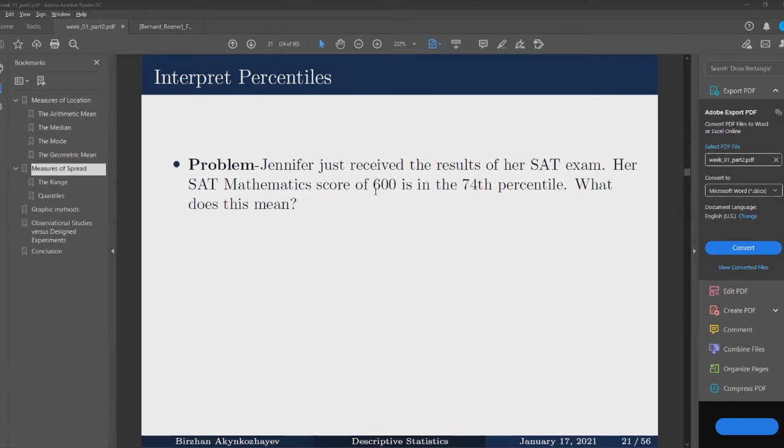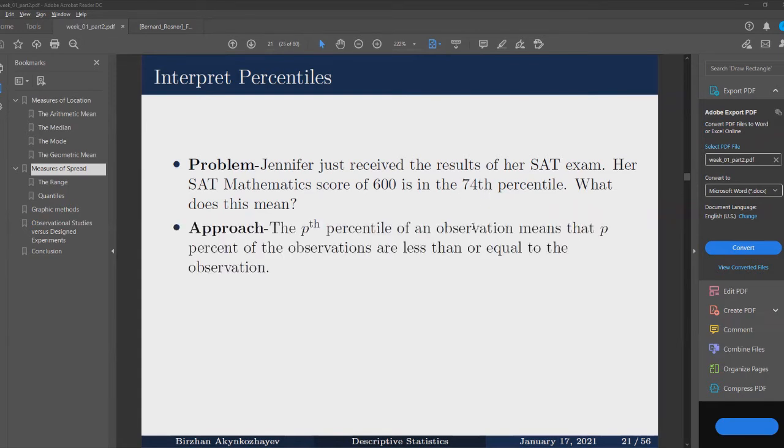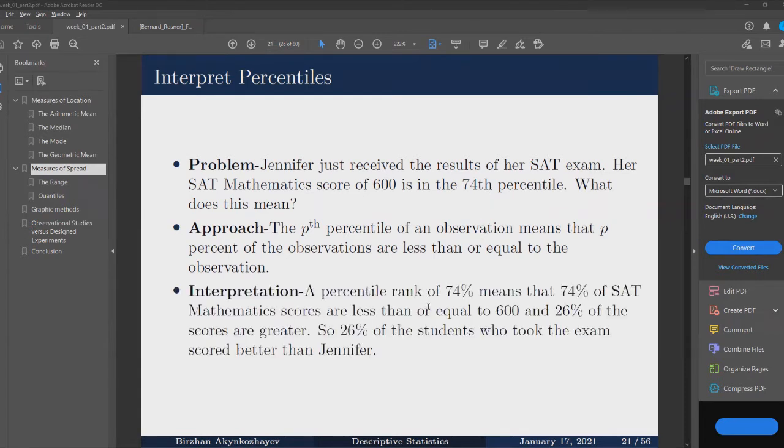Her SAT math score is 600 and is in the 75th percentile. What does that mean? It means that 74% of other students scored less or equal than her score of 600. And the other 26% of students scored better than her.